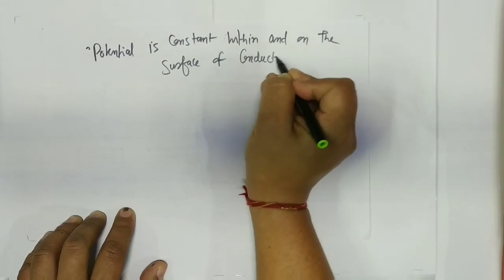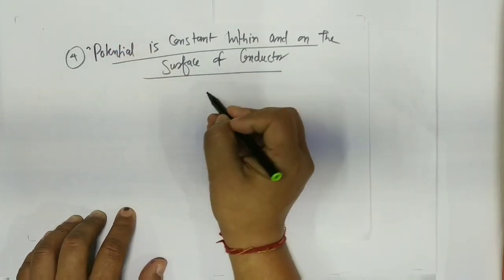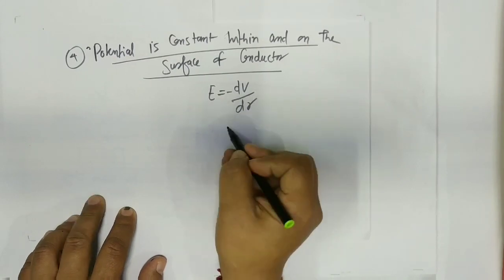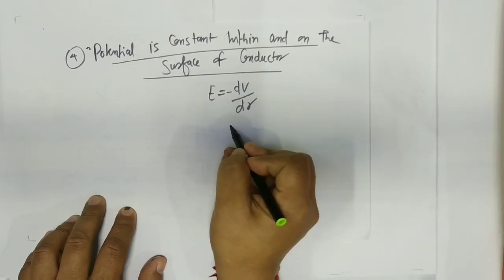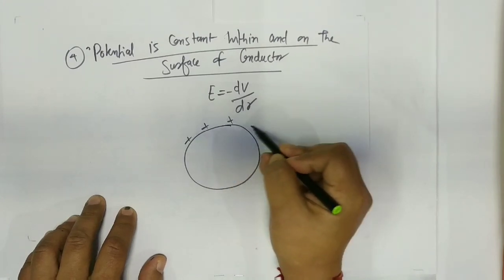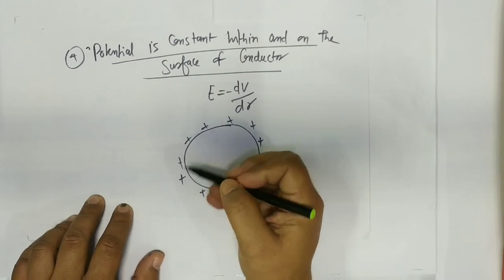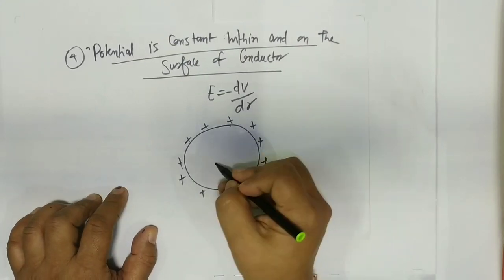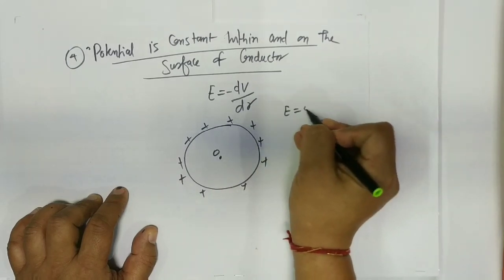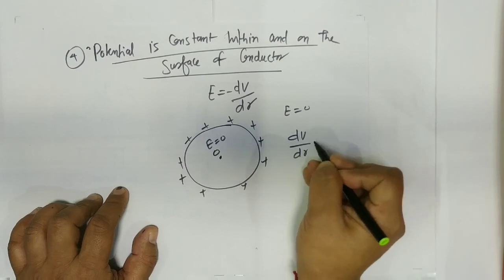Do you remember the potential gradient from the last class? What was the potential gradient? Minus dV by dr. Remember that there is a charged spherical shell, we have already discussed it. Inside it the electric field is 0. So dV by dr will be 0.